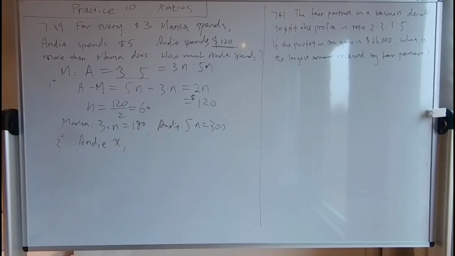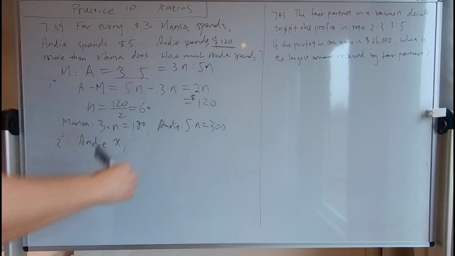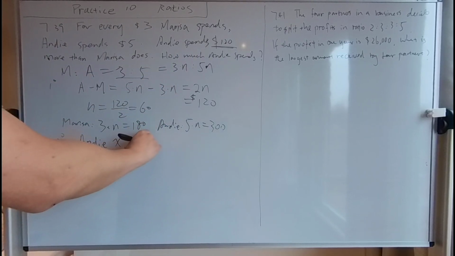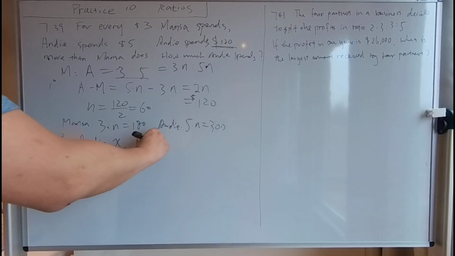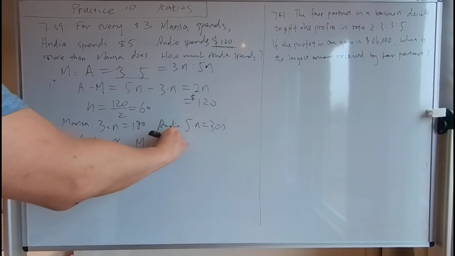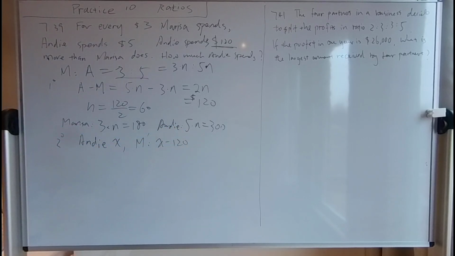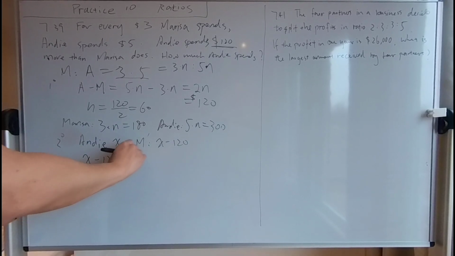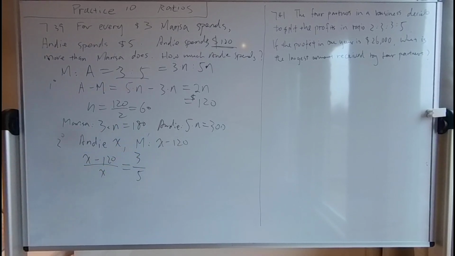x dollars, then since Andy spent 120 more than Marisa, Marisa spent x minus 120. So I know the two quantities and I know the ratio, Marisa versus Andy, 3 over 5.